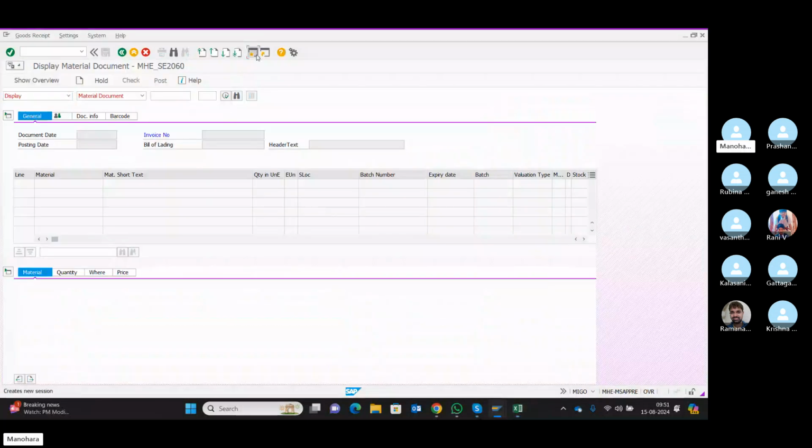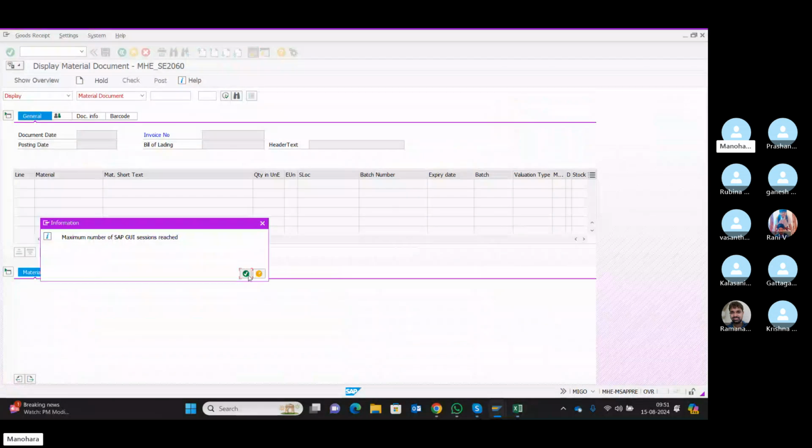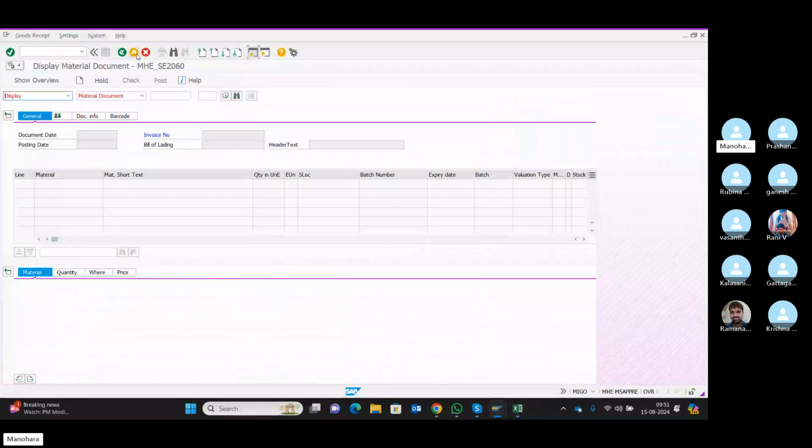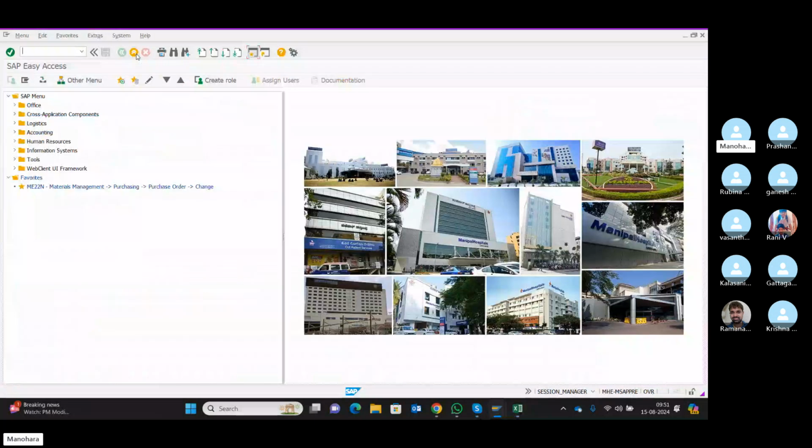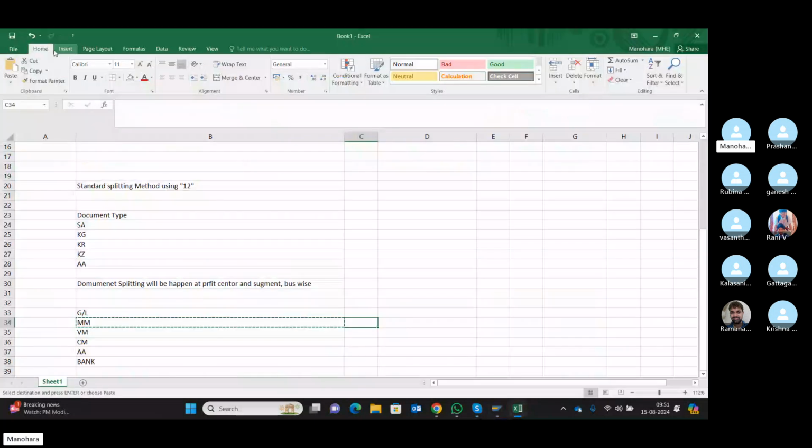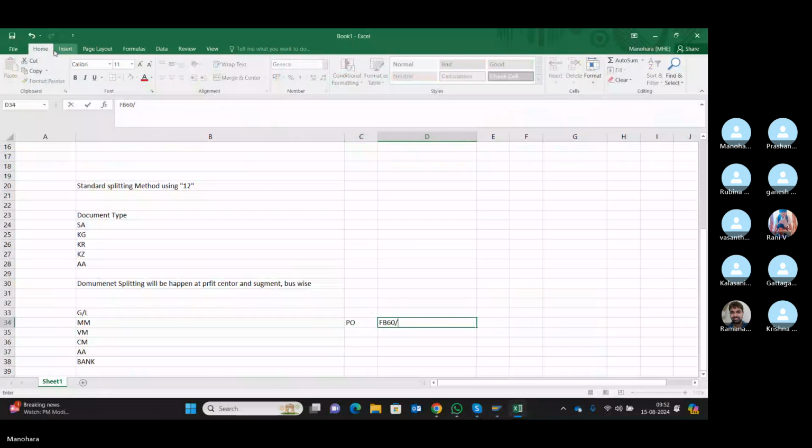From the MM point of view, there is no option here. It comes from the MM point of view, not the FI point of view, because the PO is generated here. So there is no T code like FB50 or FB60, and F-02 will not come here.